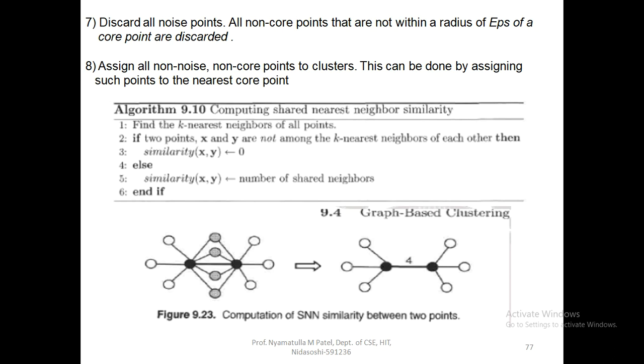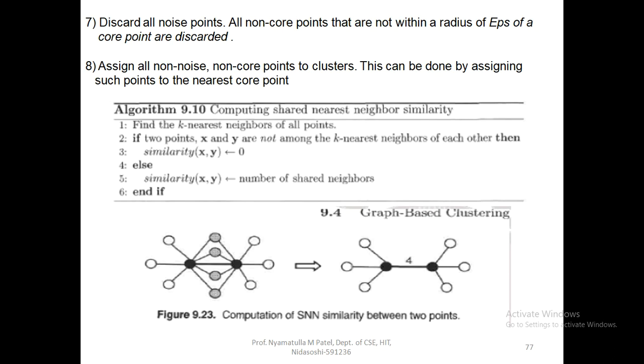You take a core point with a radius of epsilon. Any point which is outside this radius of epsilon will be eliminated. So, all non-core points which are not within the radius of the core point are discarded. Assign all non-noise, non-core points to a cluster.